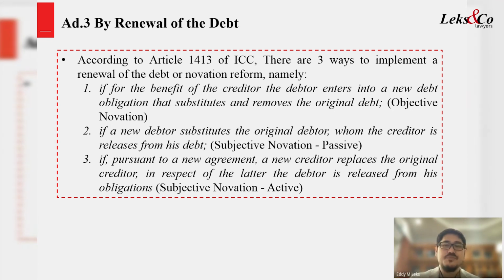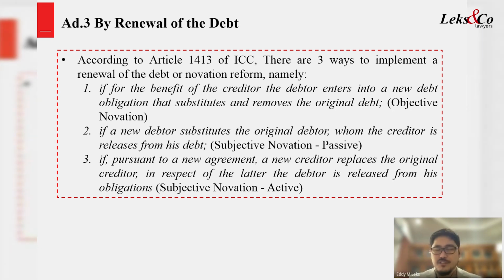That is the objective novation, because you change the object of the agreement. The sell and purchase is terminated when you sign the loan agreement, so the loan replaces the sale and purchase agreement. The sale and purchase is terminated, but then the loan emerges, right?